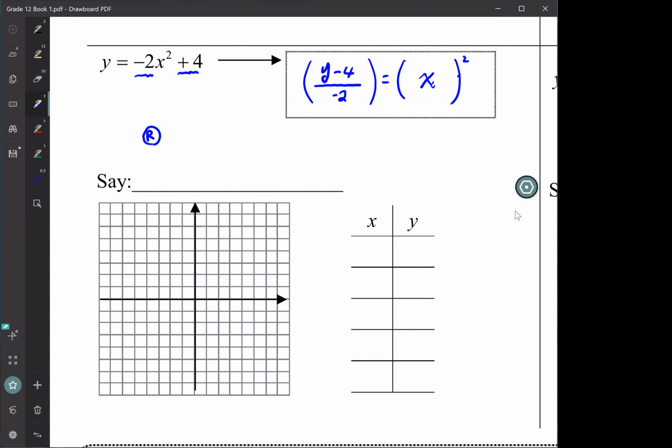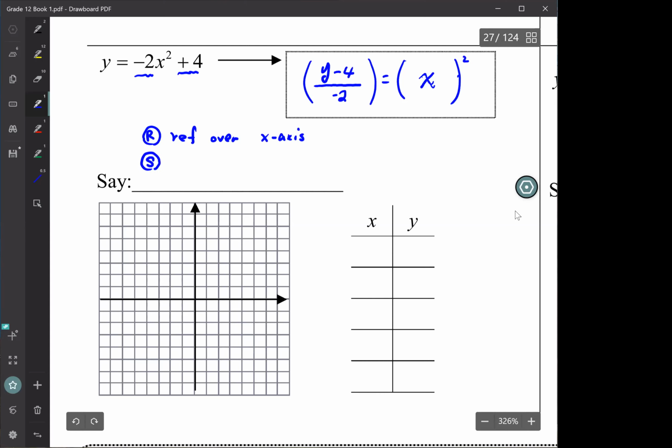Reflection. Yeah, what kind? Reflect over x-axis. Yeah, very good. Okay, you can write it down. Reflect over x-axis.